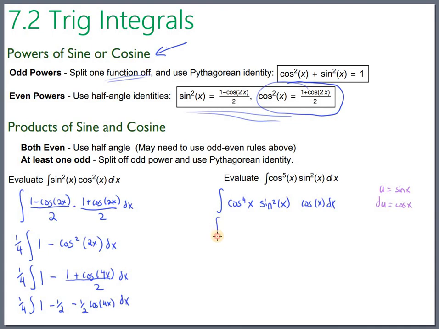So cosine to the 4th is cosine squared, squared. And then the cosine squared is the same thing as 1 minus sine squared up here.